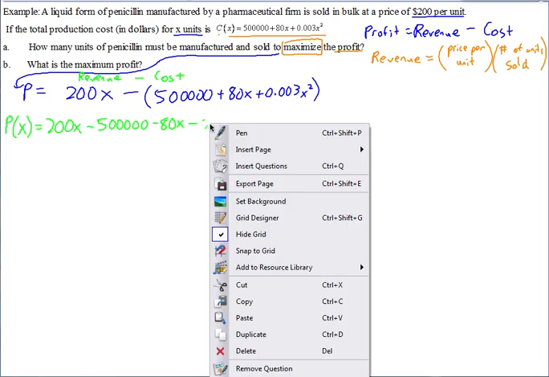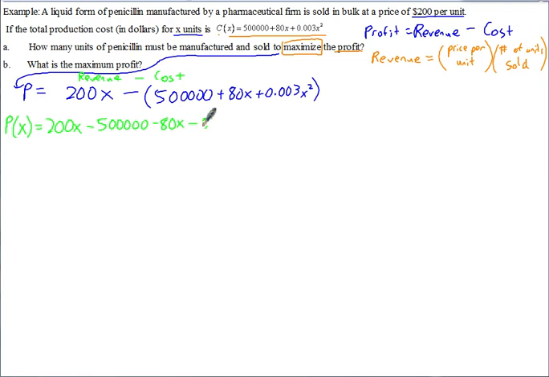Minus 0.003 x squared. And then if we combine our like terms before we take the derivative, make it a little bit simpler. We have 200x minus 80x is 120x minus 500,000 minus 0.003 x squared. And now this is what we're trying to maximize.